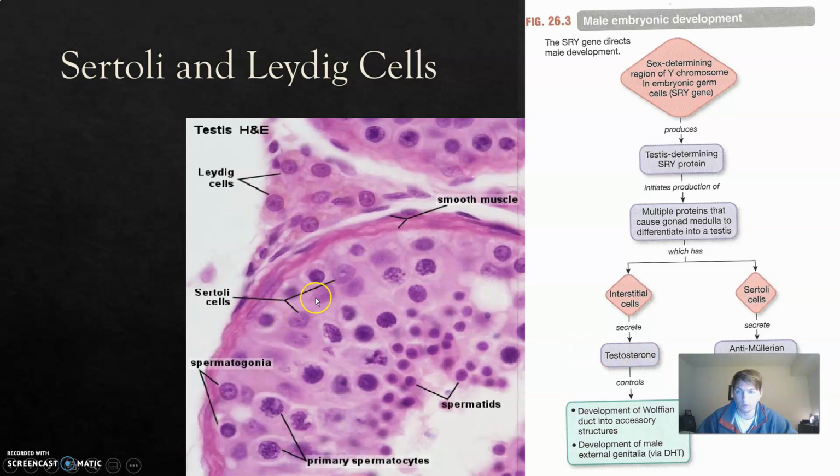So that's really important there. The Leydig cells create testosterone and DHT, which influences more so the development of the Wolffian duct into accessory structures such as the epididymis, the vas deferens, and the seminal vesicles. And DHT that is created by the Leydig cells really influences the male external structures, like the penis, the scrotum, and the glans penis.